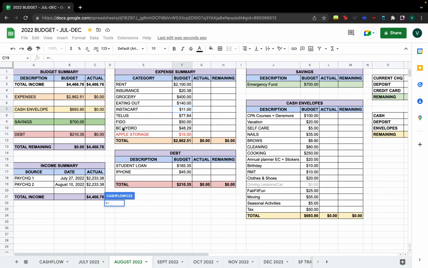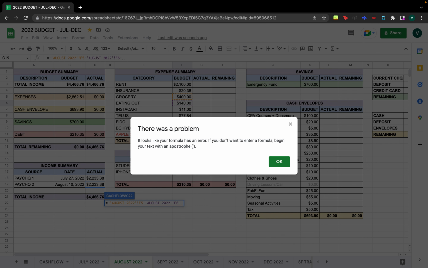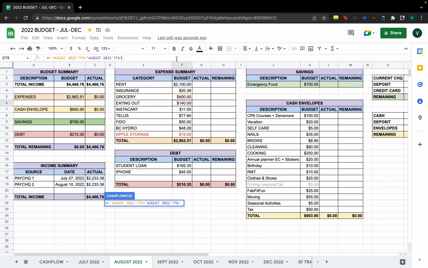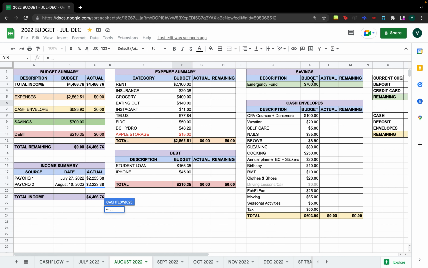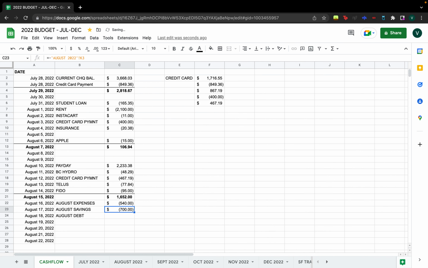August expenses are going to be minus. I'm going to only take the ones that I didn't take from up here, which was only these two. Okay, what did I do? So there is that. Then we are going to subtract the August savings, which is that.